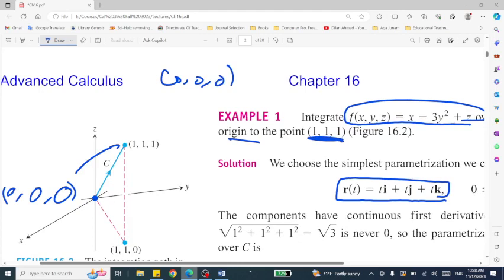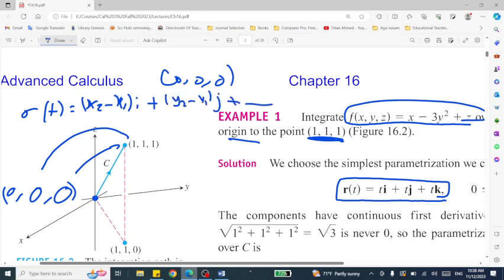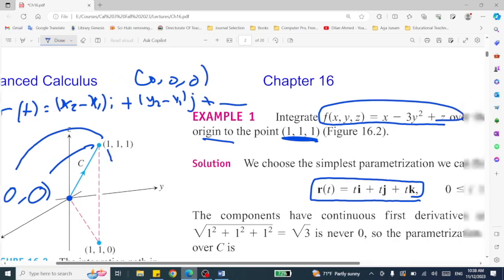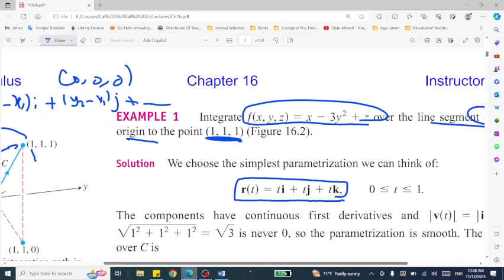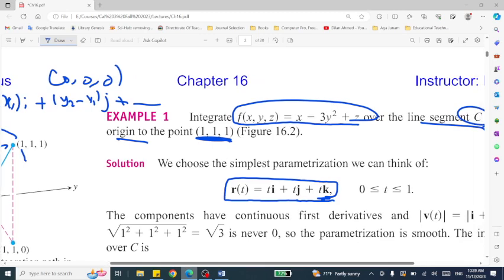So I say v2 minus v1, so r(t) will be like that: (x2 minus x1)i plus (y2 minus y1)j and so on. So of course, x1 is 1 minus 0, I get i, j, and k. Is that clear? And of course, we have a t, because we have a t.